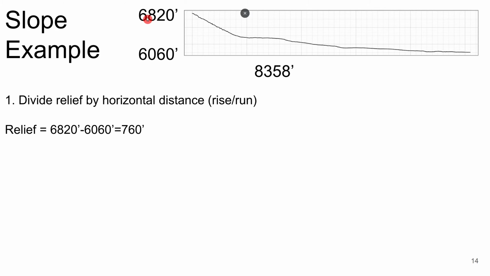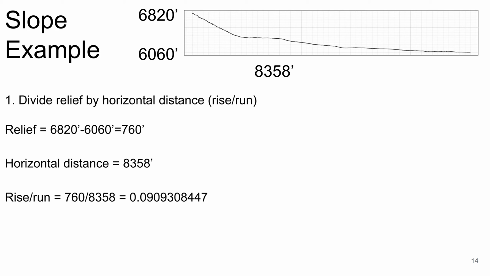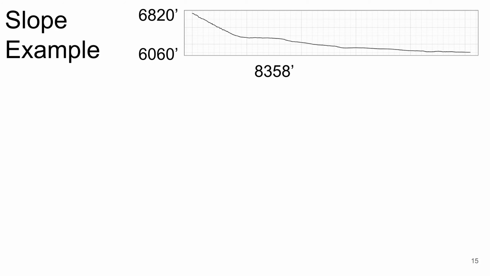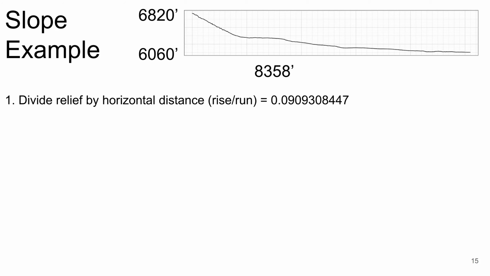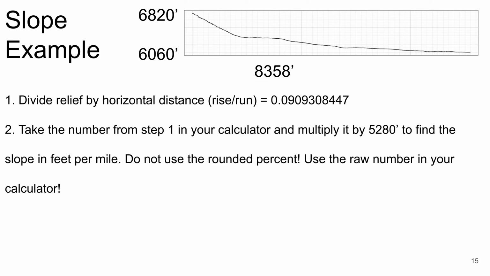Relief: 6,820 minus 6,060, the relief is 760 feet. The horizontal distance is 8,358 feet. So rise over run gets us 0.0909308447, which is a really long number. That's the number in the calculator.